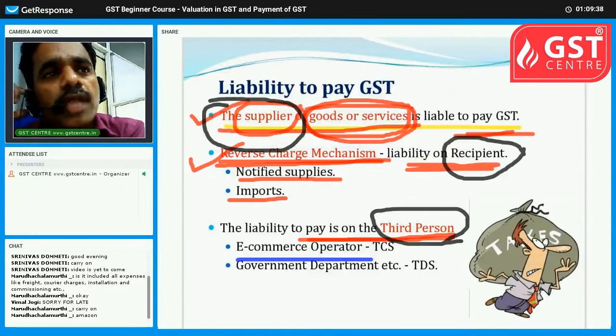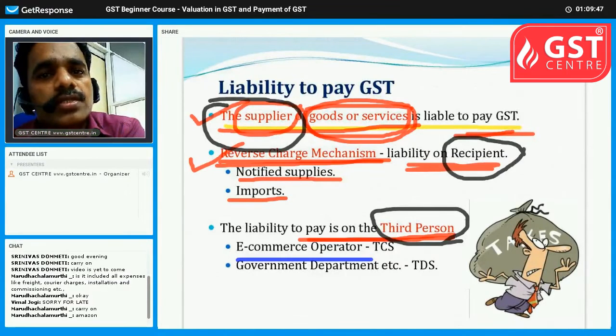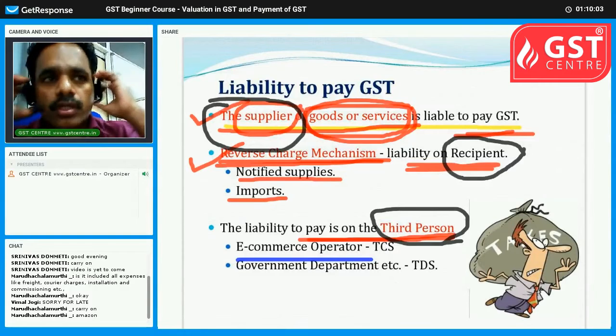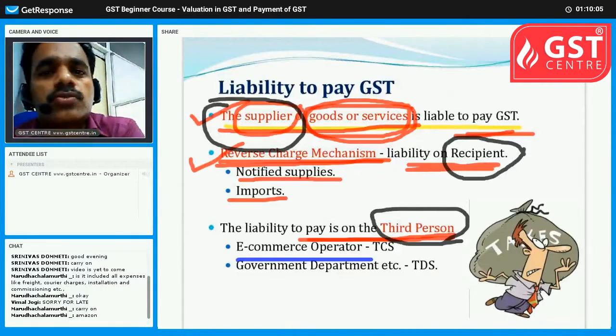Amazon has to pay that price amount to the Micromax mobile company. You got the point? Amazon is the e-commerce operator, Micromax mobile company is the seller, and there is a customer. Who has to pay GST? As per the GST law, the e-commerce operator has to pay GST. That is, Amazon company has to pay GST.